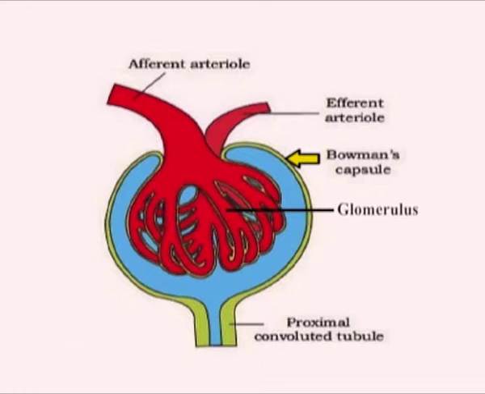The renal corpuscle filters out large solutes from the blood, delivering water and small solutes to the renal tubule for modification. The nephron begins as a double-walled blind cup called the Bowman's capsule, which is lined by squamous epithelium.